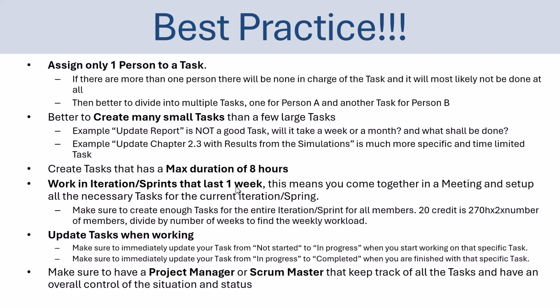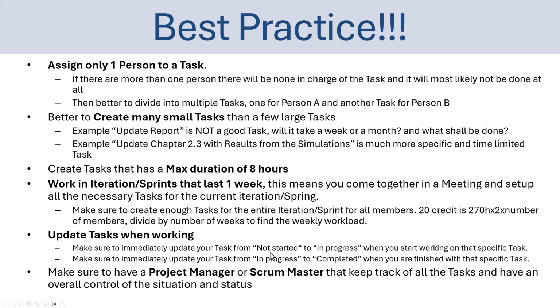And when the week is finished, you should go together, have a meeting where you go through the different tasks that have been done, and each person that has done the different tasks tells about the task and demonstrates it.